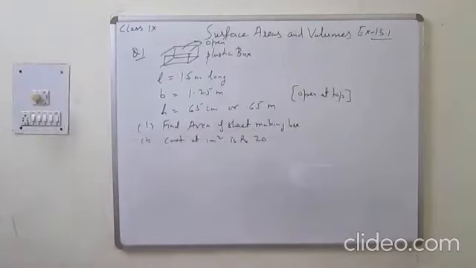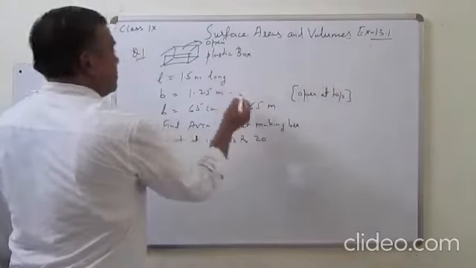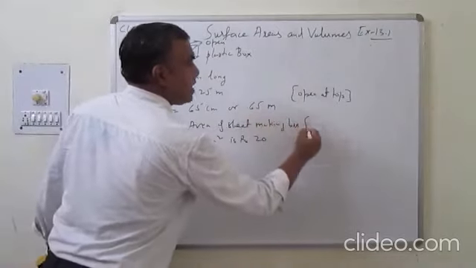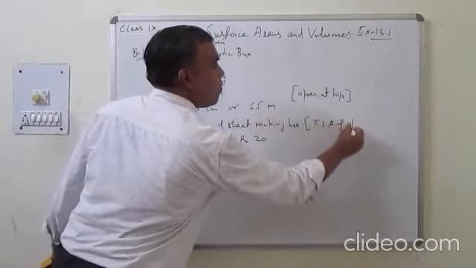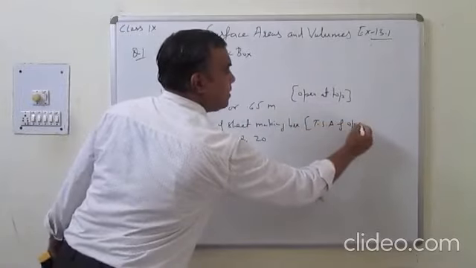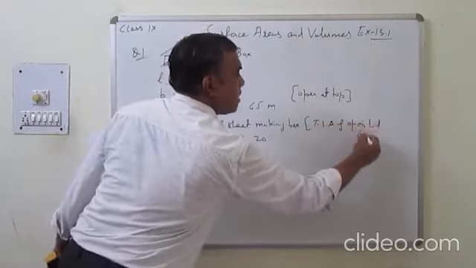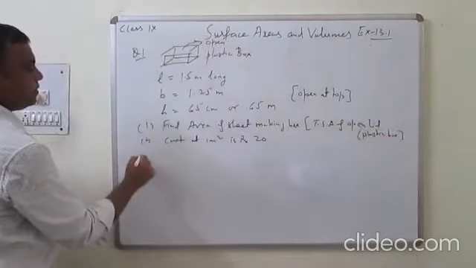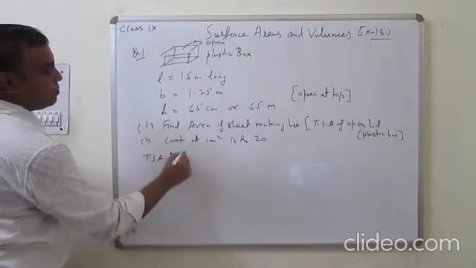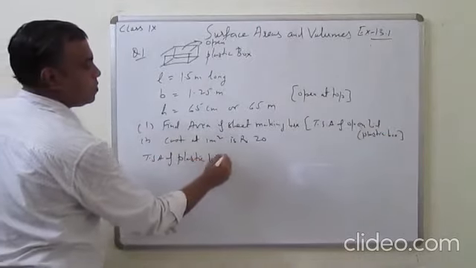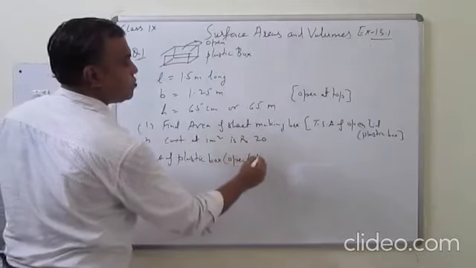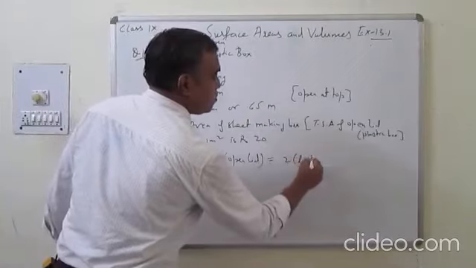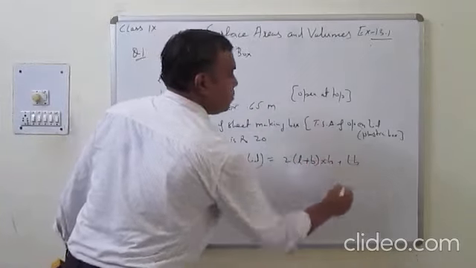Now see here, units should be the same, and the box is open at the top. So how much area of sheet will be needed? TSA of open lid of the plastic box. So I will calculate TSA of the plastic box with open lid. What is the formula? Area of four walls plus length into breadth.